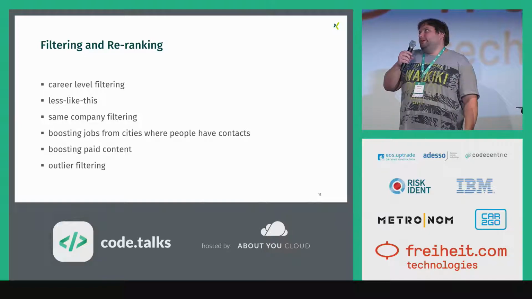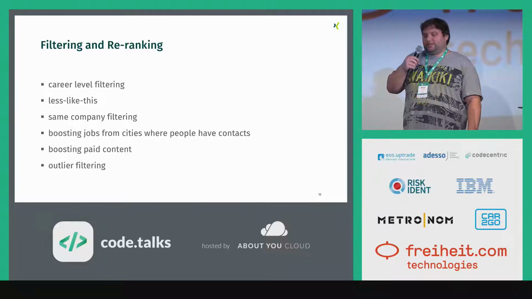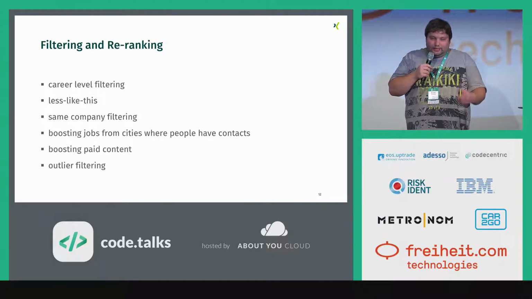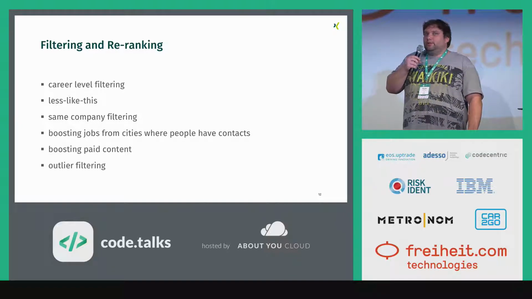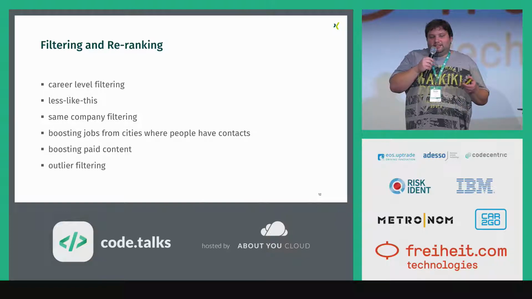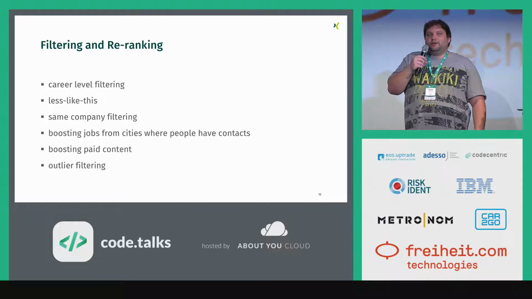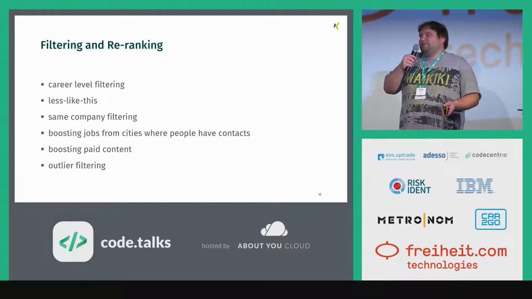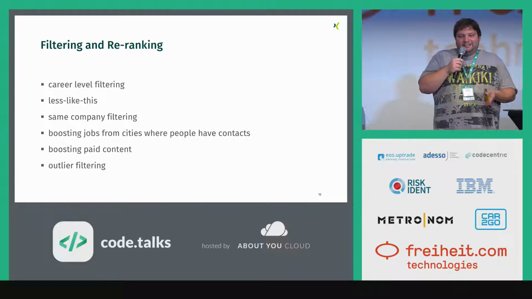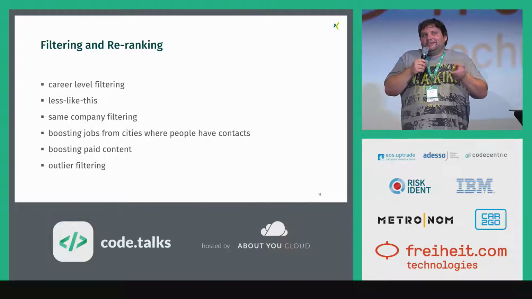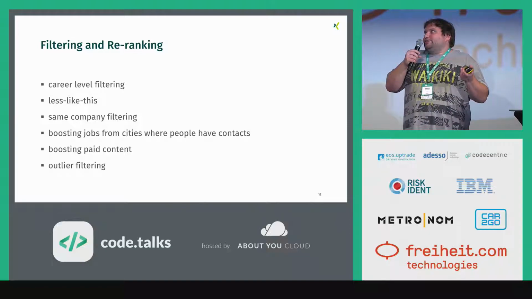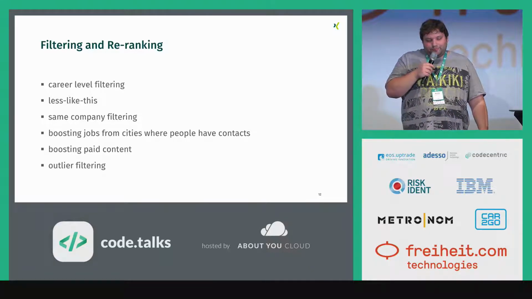And then some other strategies would be, like I mentioned already, the company filtering, but we could also boost jobs where we know that in this city where this job is posted, or where you would end up working, you have a lot of contacts, because maybe you like to be with your friends and then you're just more eager to go to this city.